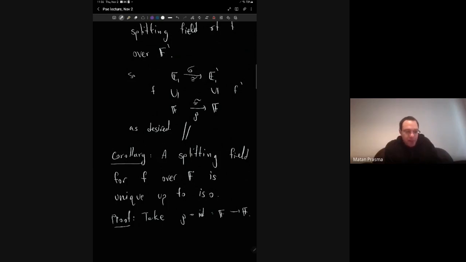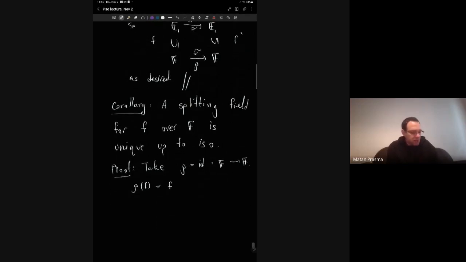Of course, the identity map is an isomorphism, and rho of F is simply F. So we get that any two splitting fields, E and E prime, of f must be isomorphic via an isomorphism that restricts to the identity map.